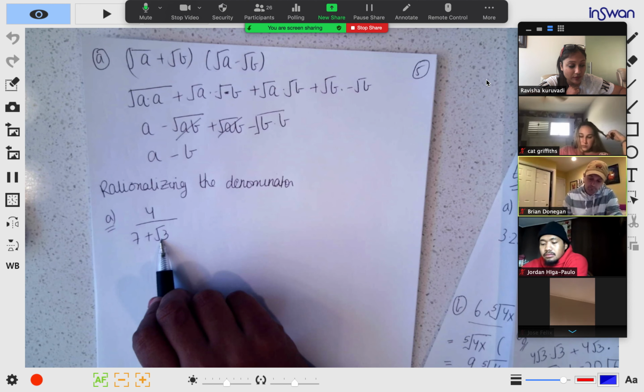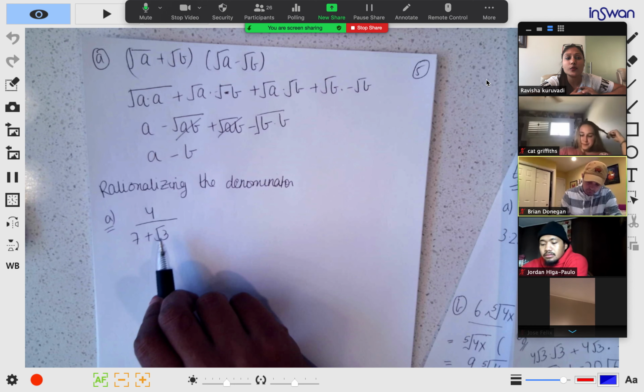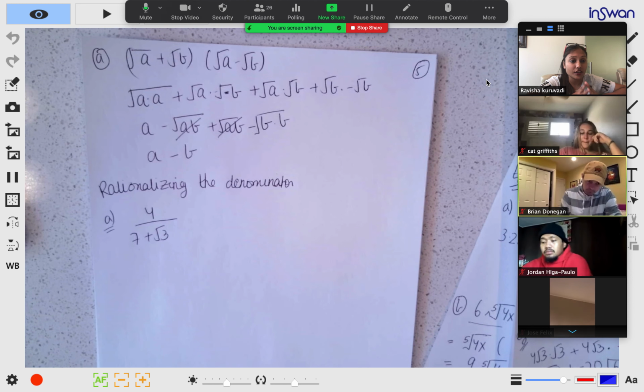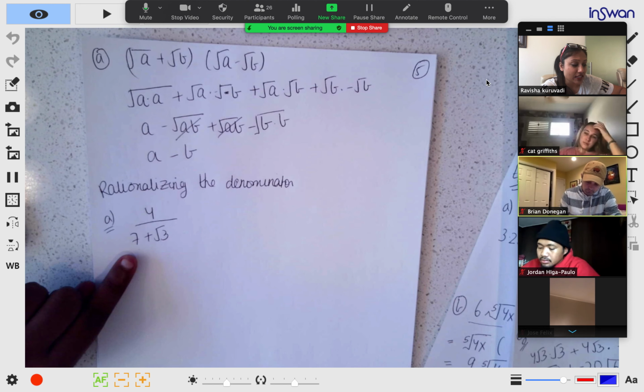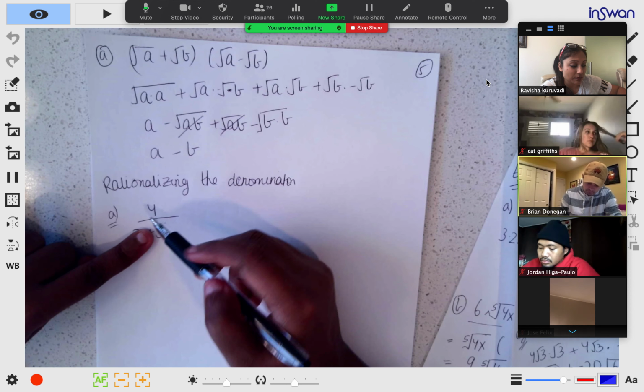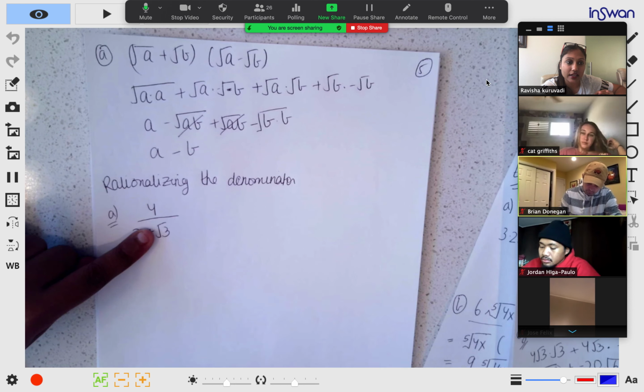Whenever you have something like this and I say rationalize the denominator, that means you cannot have any square root, or any root, in the denominator. In this case, if you had just 4 over root 3, you would multiply by root 3 over root 3 and solve.